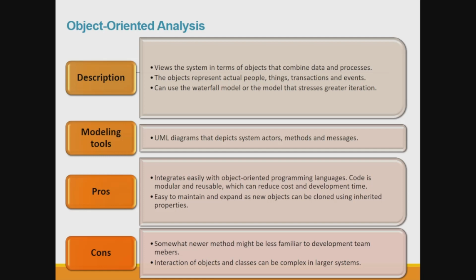We can reuse certain parts of the code, which can reduce the cost and the time of development. It is also easy to maintain and expand as a new object, and can be cloned using inherited properties. These are the characteristics of OOP.